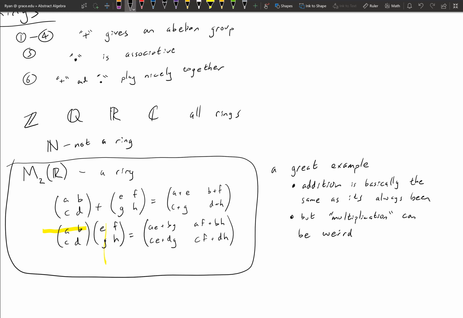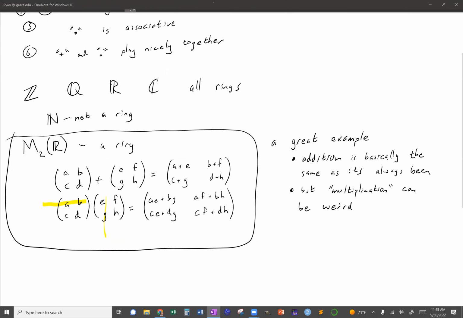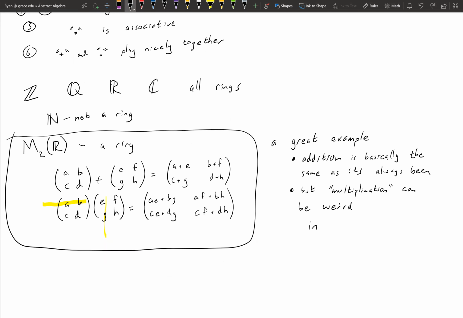Okay, so for instance, in the real numbers, if you have a times b equals 0, then a equals 0 or b equals 0.